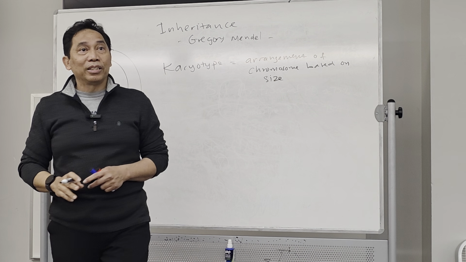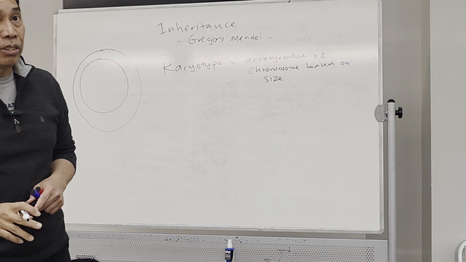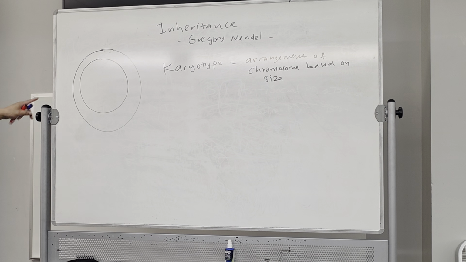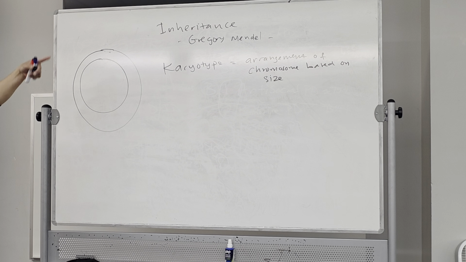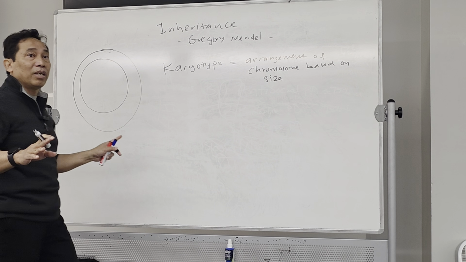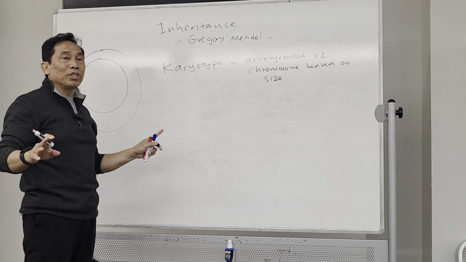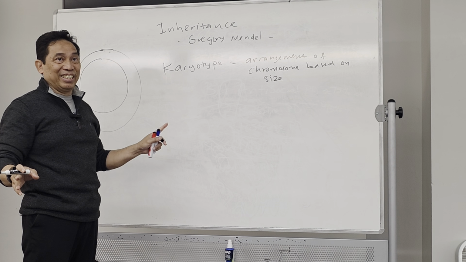So it will be arranged based on the size. They usually take a picture during the metaphase. They should be able to see different types of chromosomes, and those chromosomes actually have different sizes.